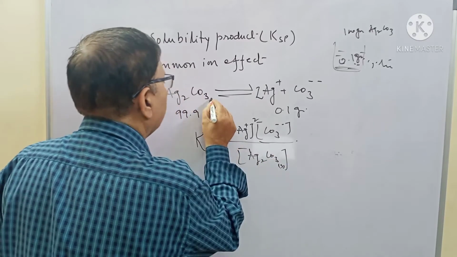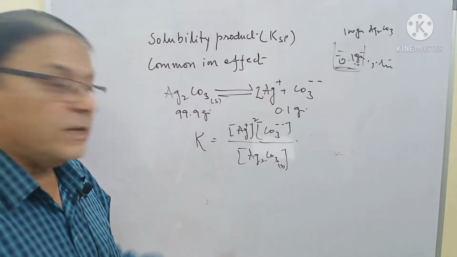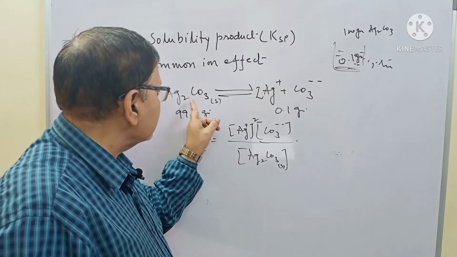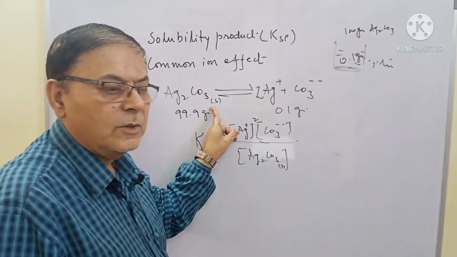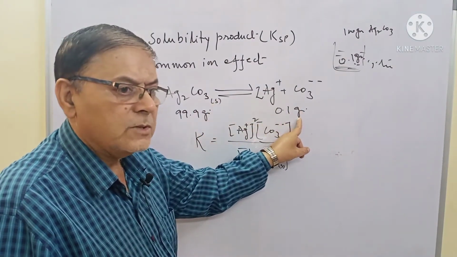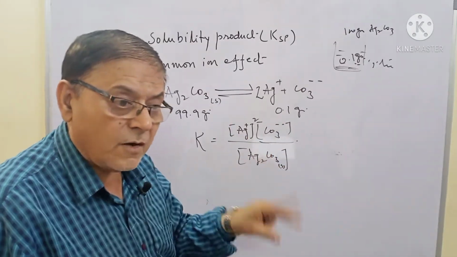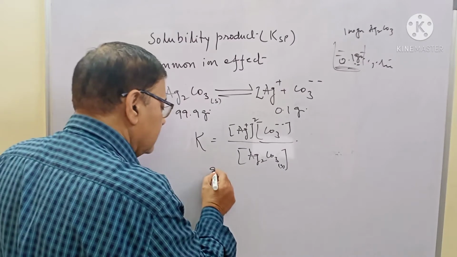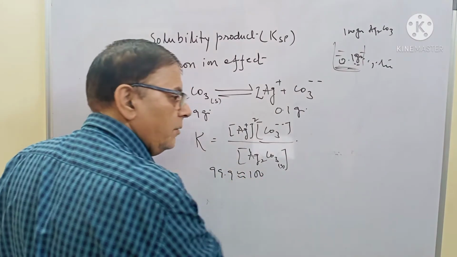We write it as S, solid form. We said just now that this is sparingly soluble, very less soluble, only 0.1 gram dissolved, so 99.9 grams remains undissolved. So we can say 99.9 is approximately equal to 100.